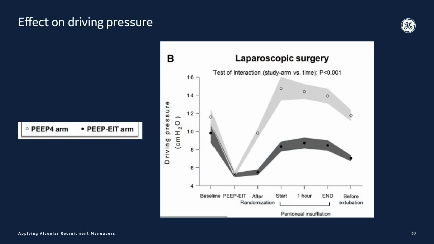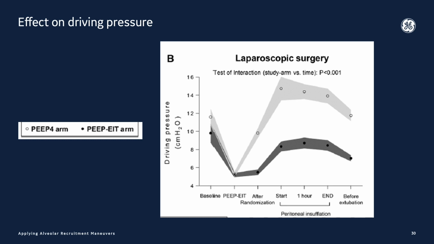In addition to the dependent lung collapse depicted in the previous slide, the authors also showed significant differences in driving pressure in the laparoscopic surgery arm of the study.